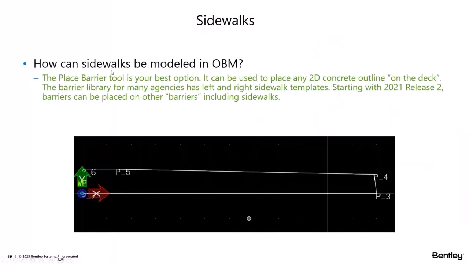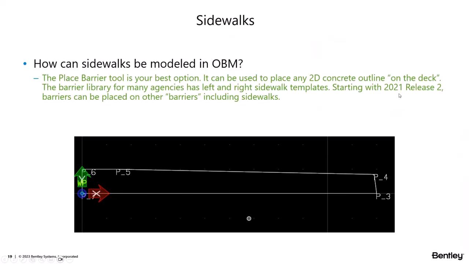How do we model sidewalks? I've seen a lot of different uses in the past, but honestly, the barrier tool is probably the best option, unless it's actually poured monolithically with the deck itself. But if you're wanting separate quantities for it, then you're probably going to use the place barrier tool to do that.